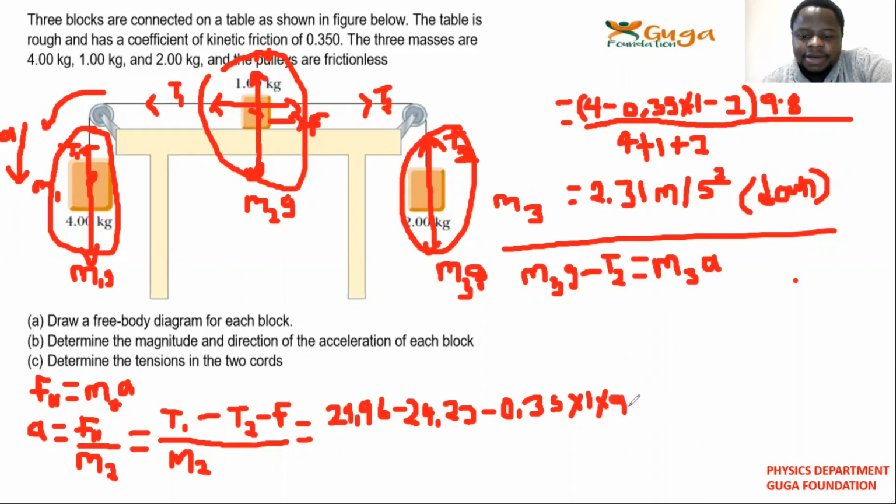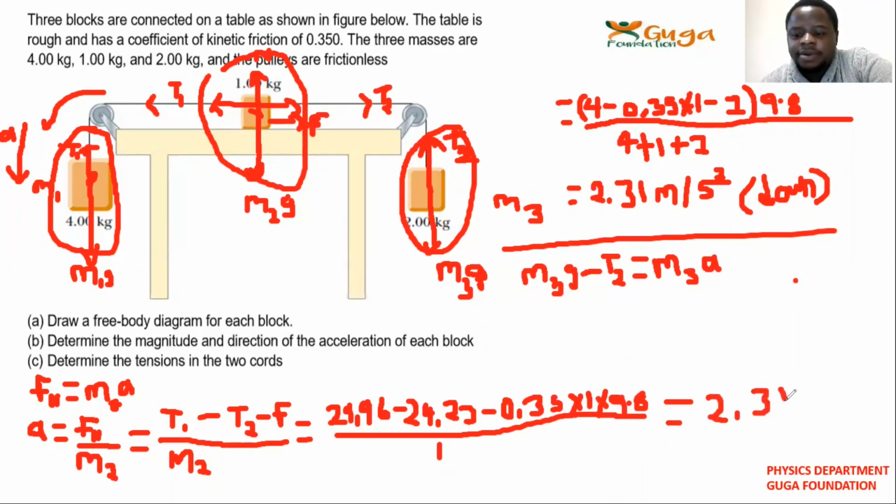Multiply by 9.8 all over by 1, right? So for you, you should get the very same acceleration here of 2.31, then is proven, downward, right?